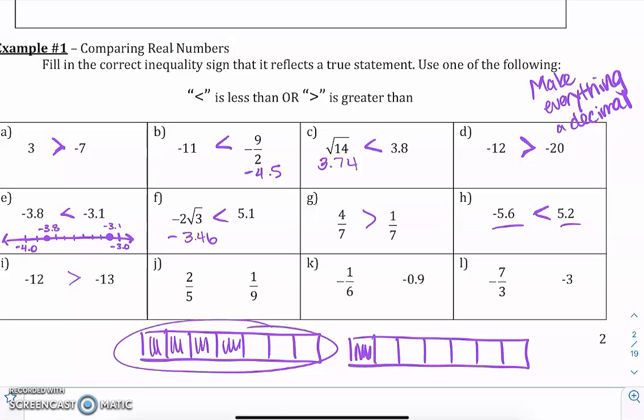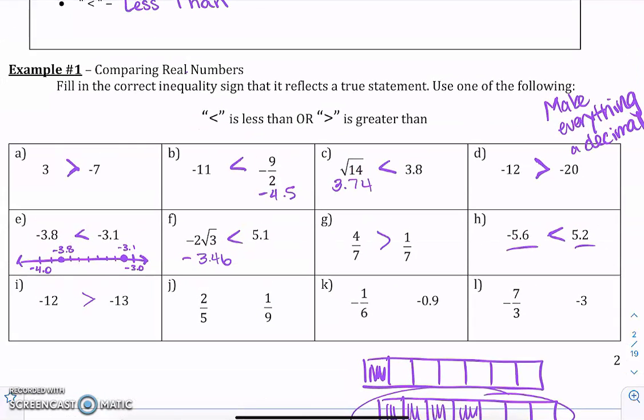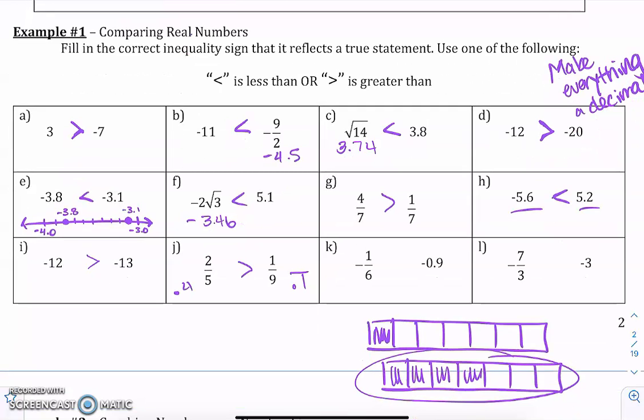Okay, so 2/5 and 1/9. It's a little harder to compare those because they're not the same type, like 7ths and 7ths you can compare. So 2/5 and 1/9, it is probably easiest to actually divide those. So 2/5, if you divide that, it's going to be 0.4. 1/9 is going to be 0.1 repeating. So 1/9 is less. And then negative 1/6 versus negative 0.9.